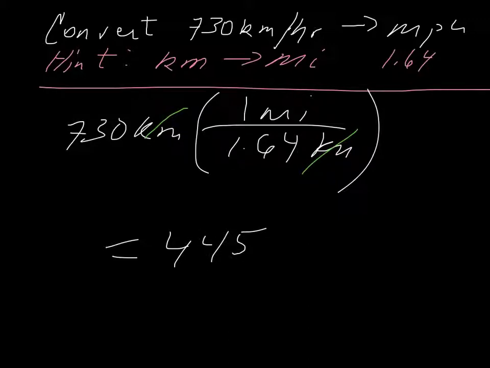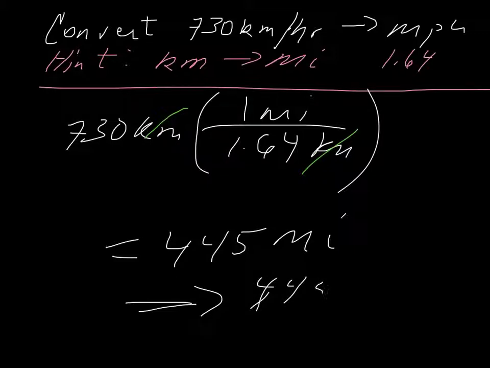What units? Miles. Okay, and it was miles per hour. So we're not changing the time unit. We've gone 445 miles in 1 hour, or we've done 730 kilometers in 1 hour. So we're done, right? 445 miles per hour. That's not so bad.